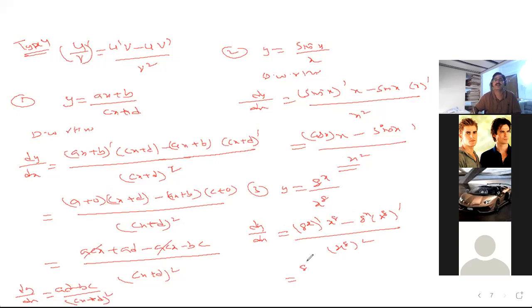This is 8 to the power of x into log 8, x to the power of 8 as it is, minus 8 to the power of x, 8x to the power of 8 minus 1, divided by x to the power of 16. You can stop here or you can simplify. If you want, you can simplify. Otherwise, it will be like this.